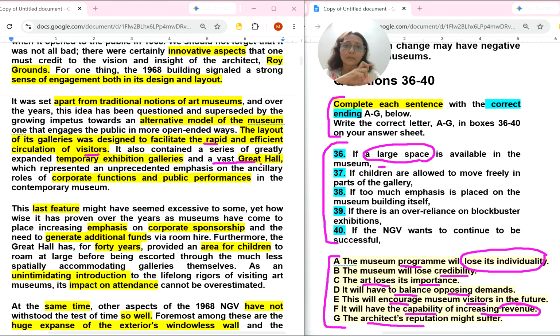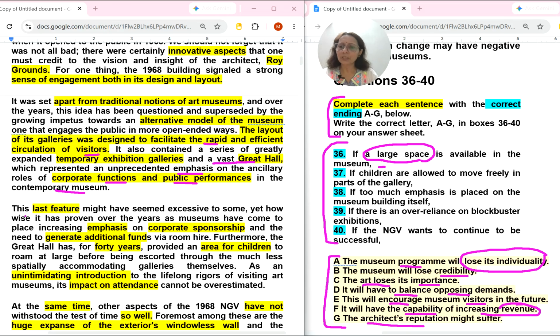A vast great hall means a large space is available in the museum, which represented an unprecedented emphasis on the ancillary roles of corporate functions and public performance in the contemporary museum. So lose its individuality, lose importance, opposing demands, museums in the future, increasing. Nothing is relating to these.